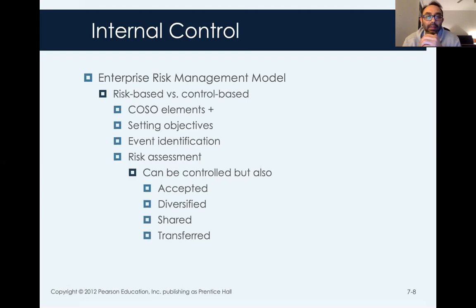So there's something called the risk-based model or a control-based model. I'm not going to ask you a lot of information on this, but what we do now in the real world is look at the risk-based model. That means we go to every department and see where the maximum risk is, and we try and minimize that.